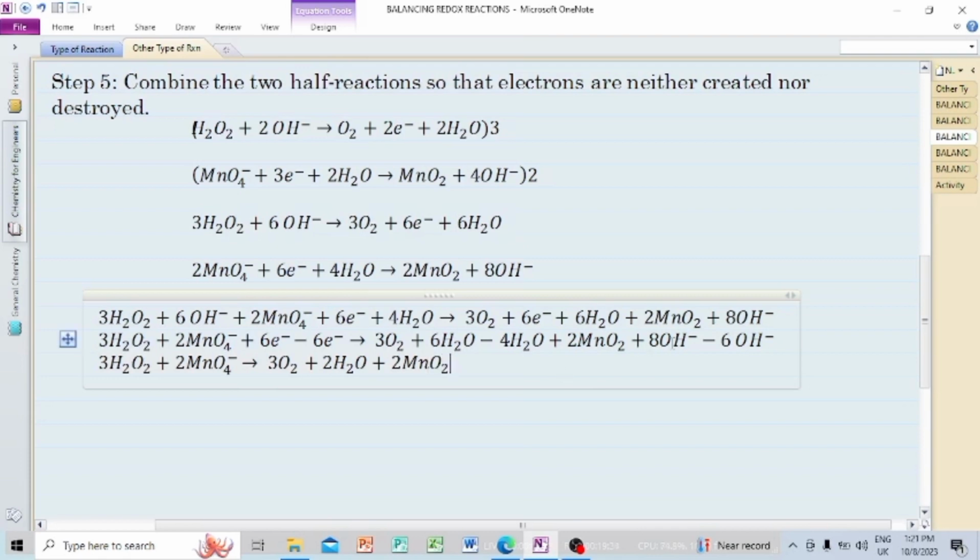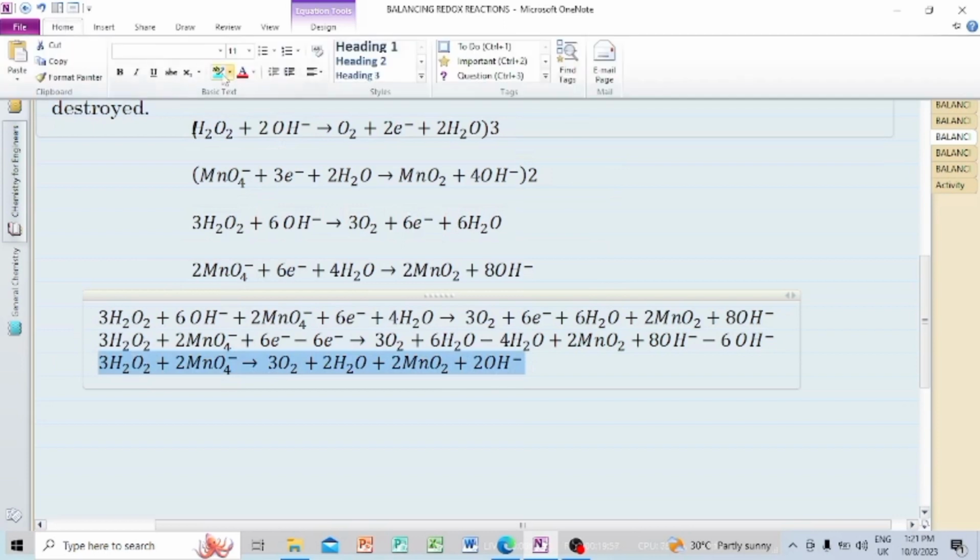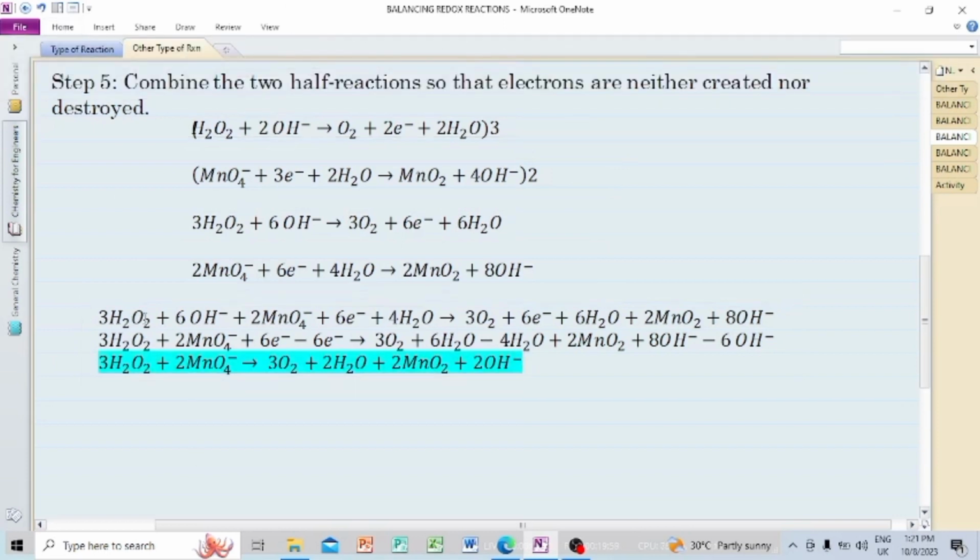And lastly, 8 hydroxide ion minus 6 hydroxide ion is 2 hydroxide ion, 2OH negative. So, that's it. That's our final answer. So, ganun lang ang mag-balance ng basic solution. That's our final answer.